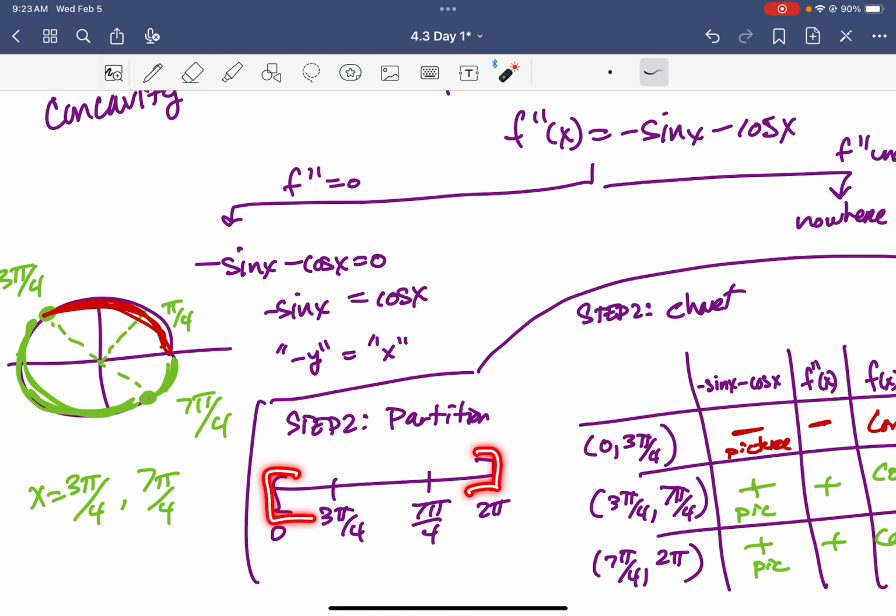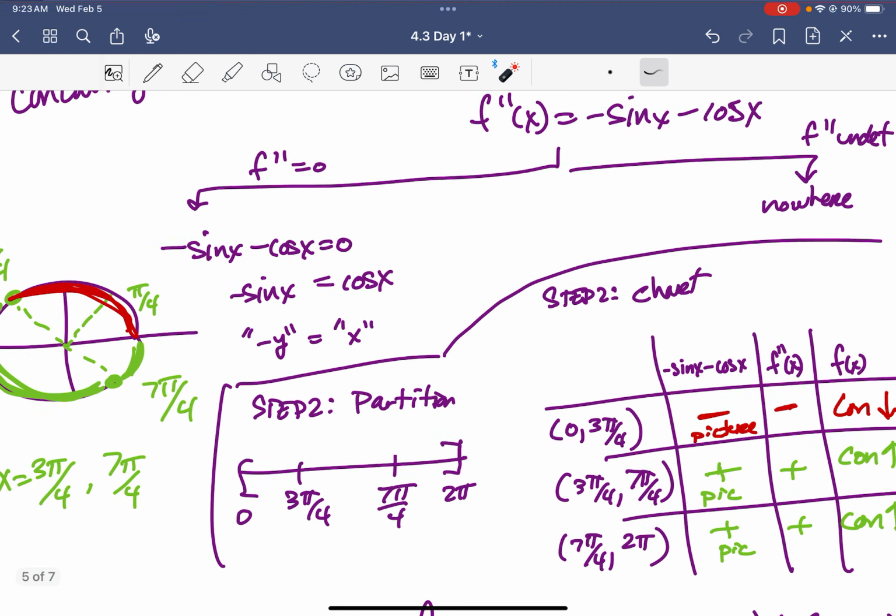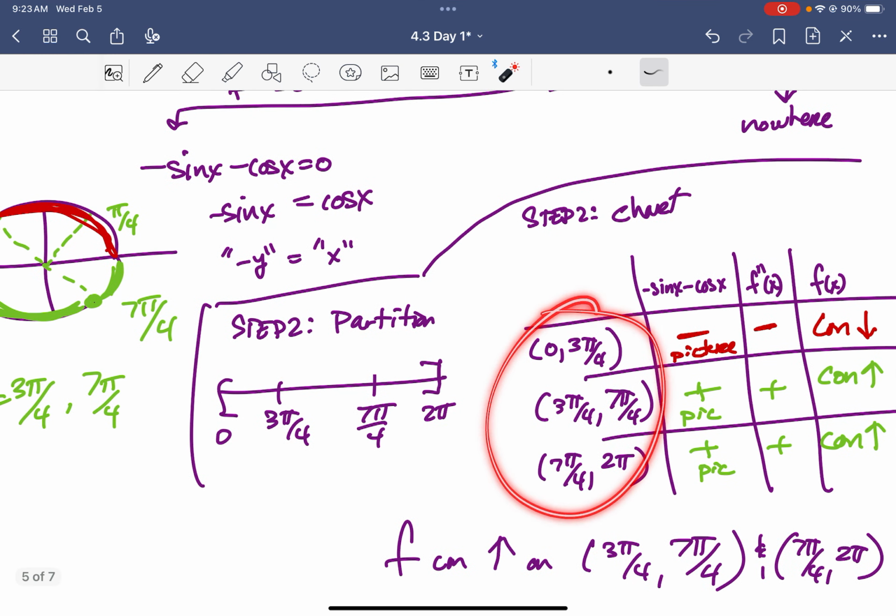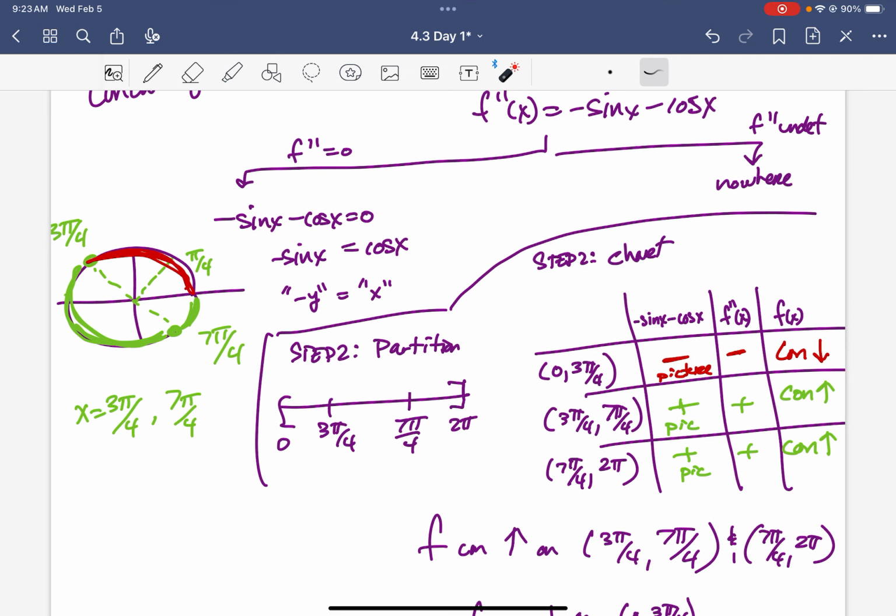So on 0 to 2 pi, I make those two cuts. I get my 3 intervals. And so from our picture, I pick some number between 0 and 3 pi over 4. And so a number in there between 0 and 3 pi over 4 that really helps me out is maybe this one. So when I plug in here, I get x is 0 and y is 1.